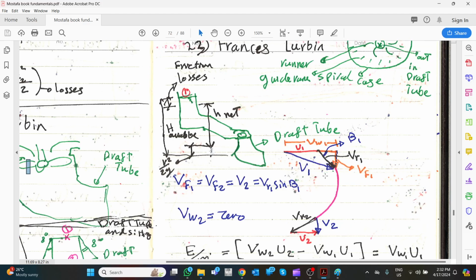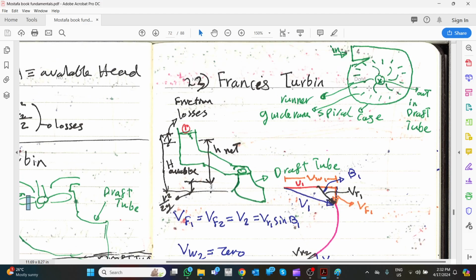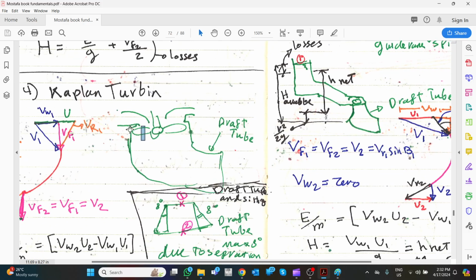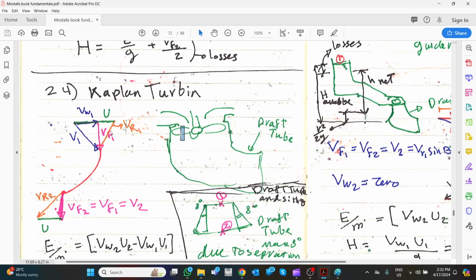So in the Francis turbine, V2 is equal to Vf flow because the plate is throwing at the center. Here also Vf equals V2, because the way of exit is perpendicular to the rotation, so V2 equals Vf as well.